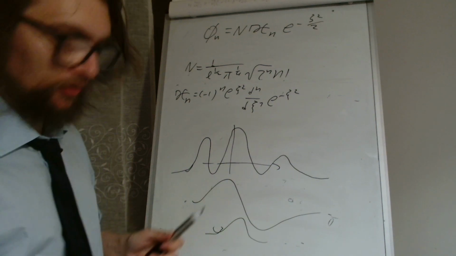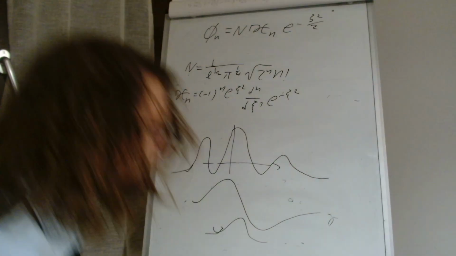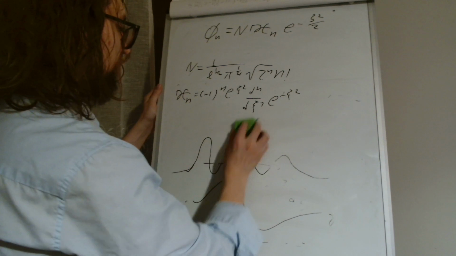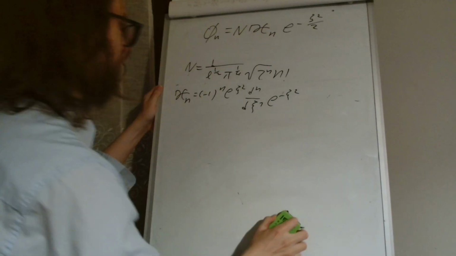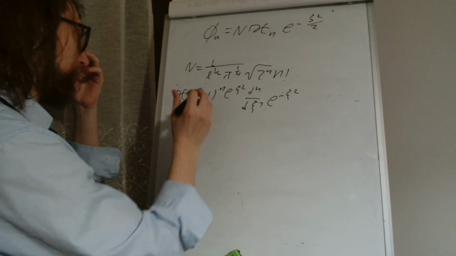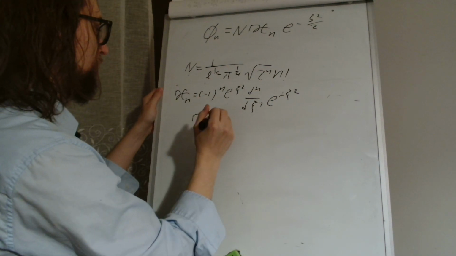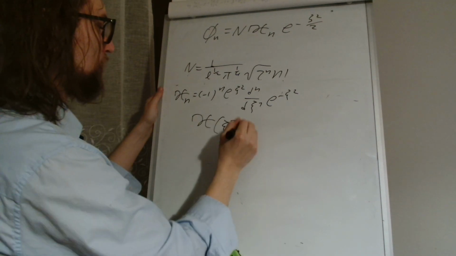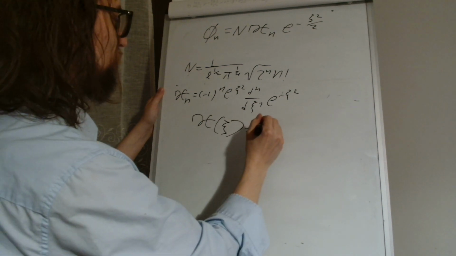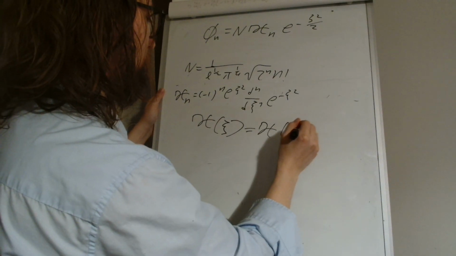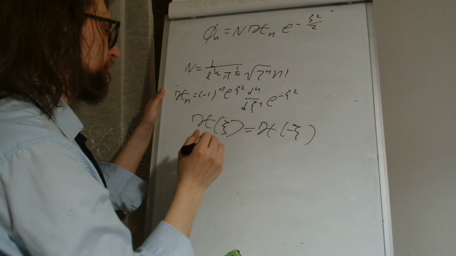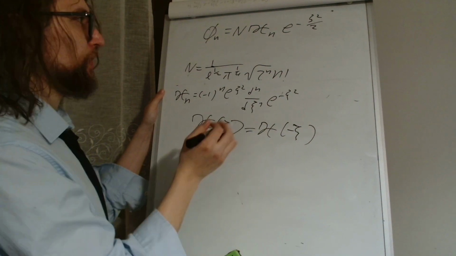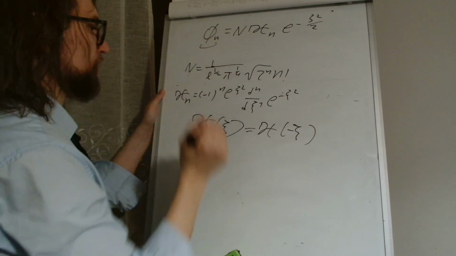The form will depend on the value of n, and in particular we see from this expression that when n is even, we will have an H such that H of c equals H of minus c. So we have a symmetrical polynomial and a symmetrical wave function.